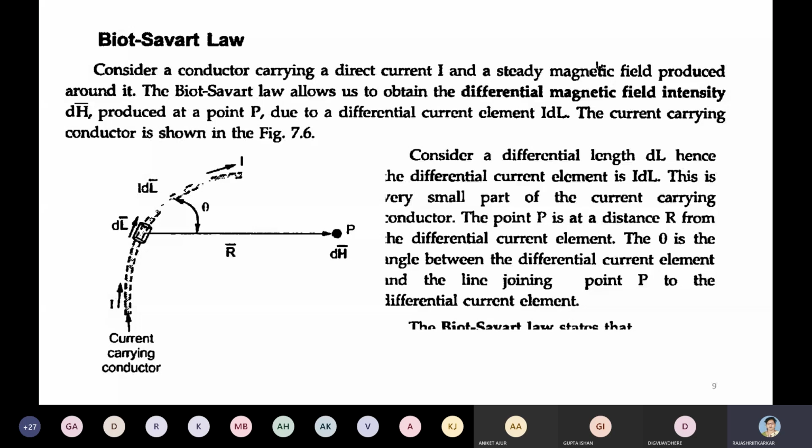There is an angle, theta, which has been created between the line to the point P and the differential length element which we have taken. So the law states that the magnetic field intensity which has been produced is proportional to the product of current I and the differential length dl.